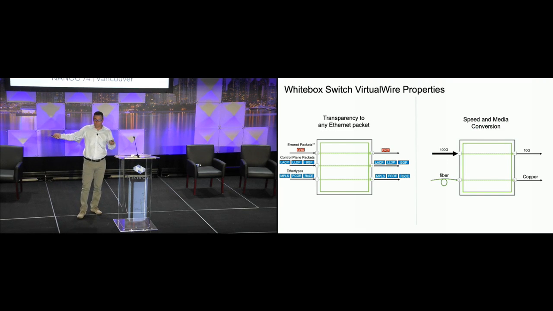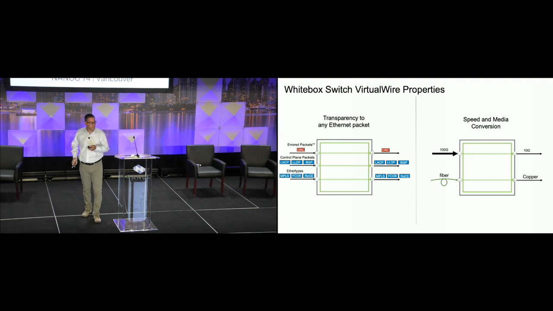So these are a couple of examples of what you can achieve with this. You can achieve full transparency to any Ethernet packets. You have error frames at the top, control packets at the bottom. You can have LLDP packets, BGP, LACP, and different Ether types, even MPLS, Fibre Channel over Ethernet.